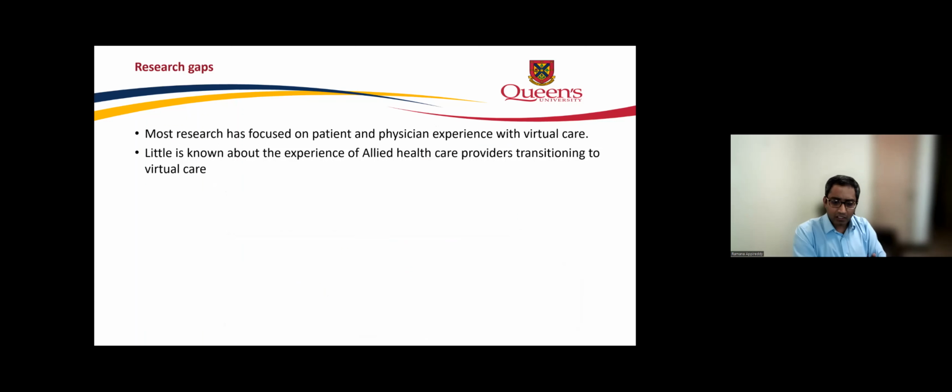So with this background, non-physician healthcare providers or allied health constitute a good proportion of the healthcare workforce, and we have no information about their volumes and the workload they have taken up during COVID. The current research is mainly focused on patient and physician experience with virtual care.